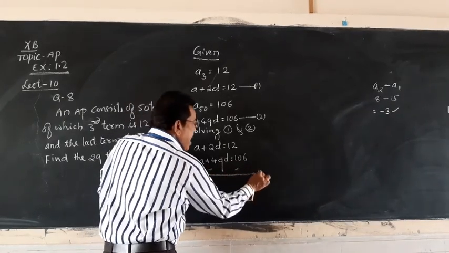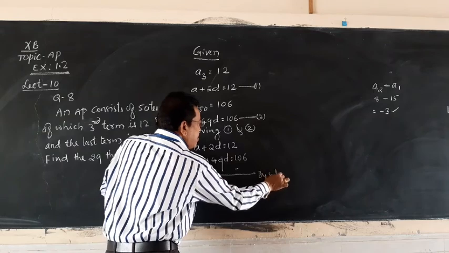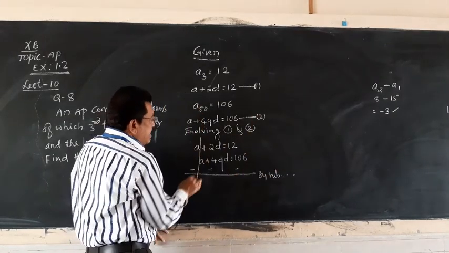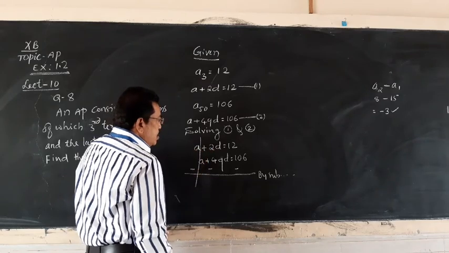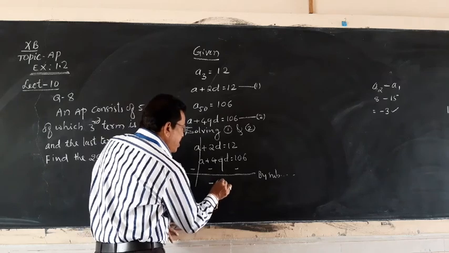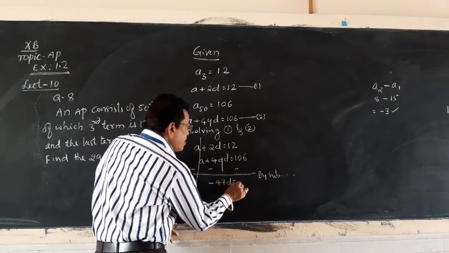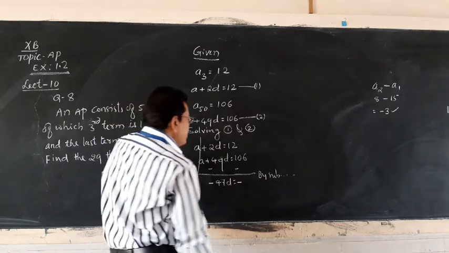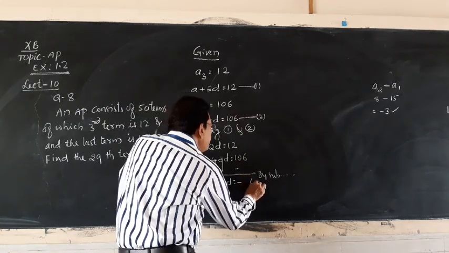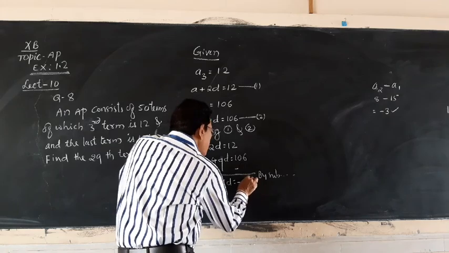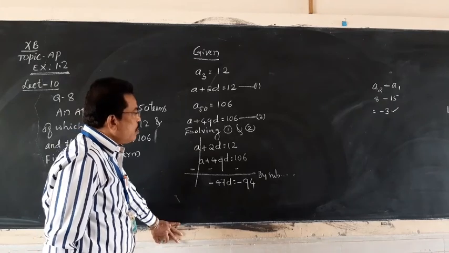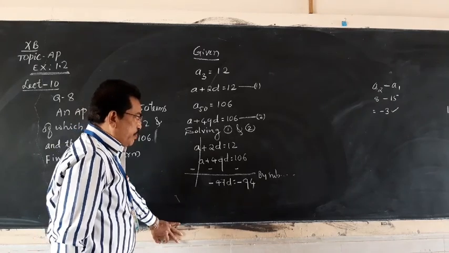Then we have to subtract. Plus A minus A gets cancelled. So minus 47D equals minus 94.